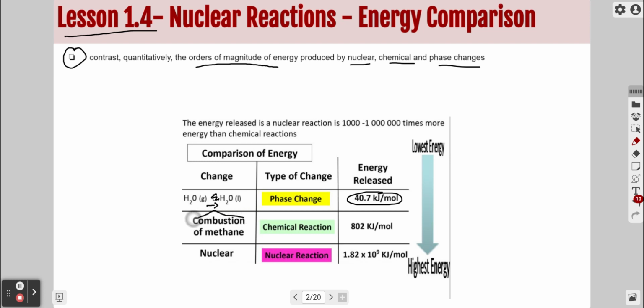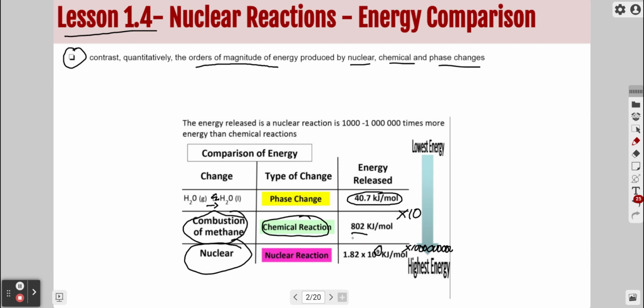As soon as you start burning things, you have a chemical reaction, and you get definitely like a magnitude. You can see about 10 times as much energy involved in the combustion reaction. But then you take a look at the nuclear reaction, and holy cow, you're talking about like a million or a billion times more energy.